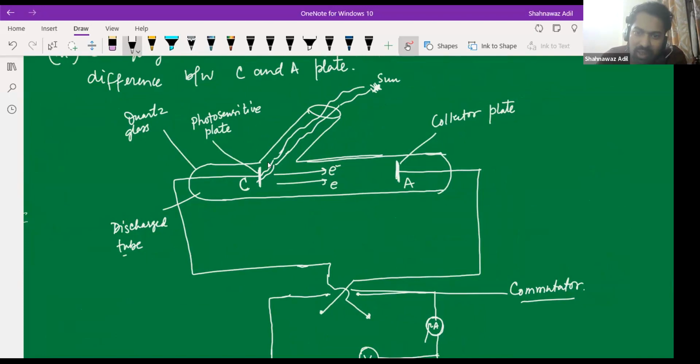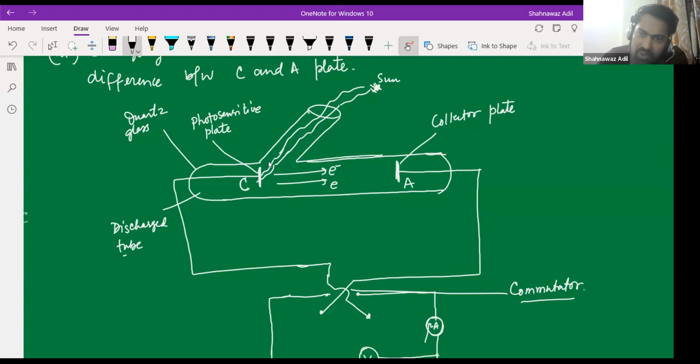Then the intensity would be larger. Then we again increase that amount, and the intensity would be again larger. So we change the intensity falling on this. We make this area small, we increase the area, so then we can change the intensity falling on this plate.